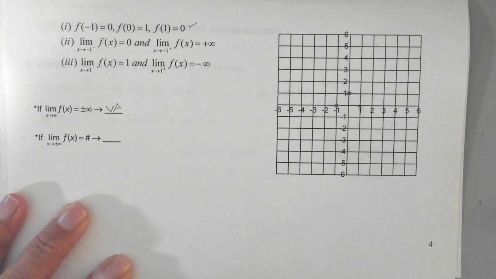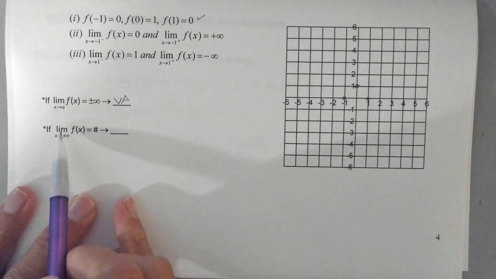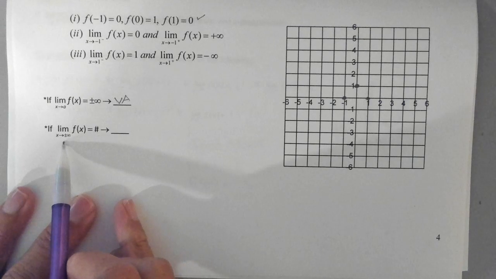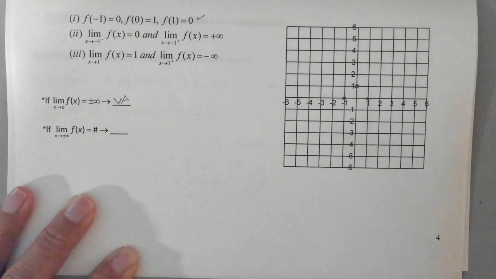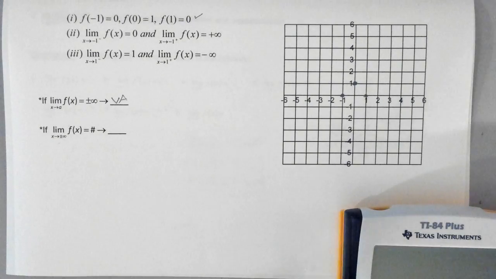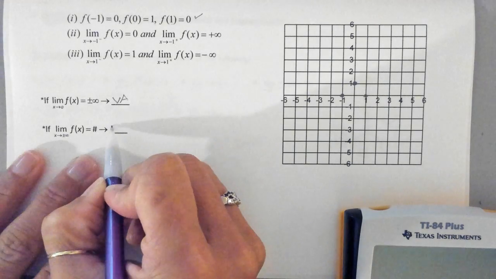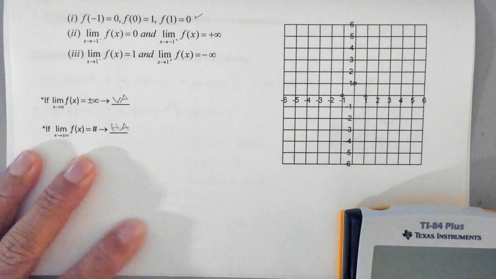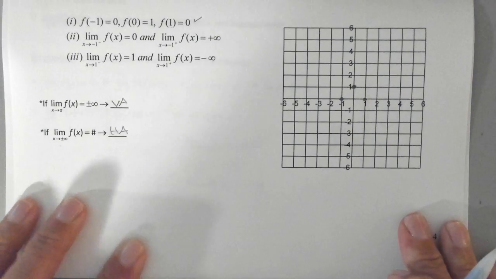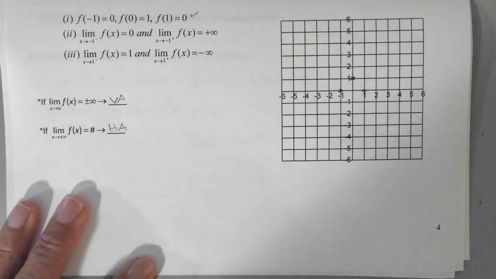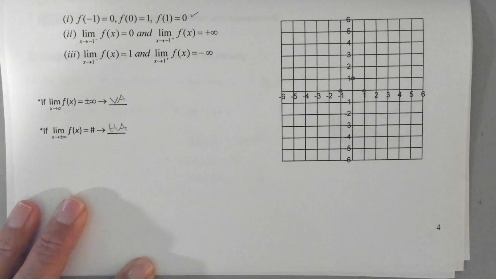If you are given a statement that says the limit as x approaches positive or negative infinity, meaning your x values are going to increase or decrease without bound in either direction, is equal to some number, then you have a horizontal asymptote. So I would look for those second. Plot your points first, then look for horizontal and vertical asymptotes.